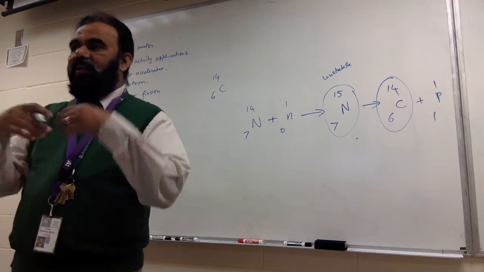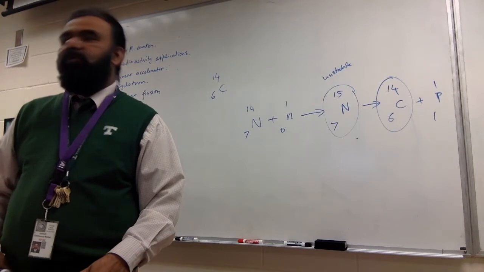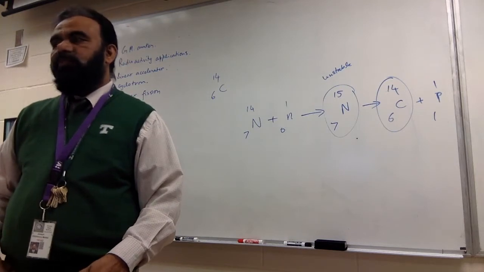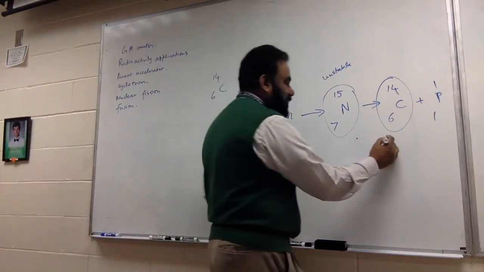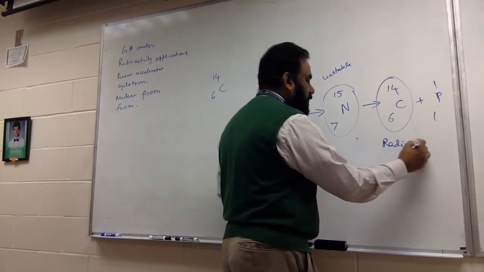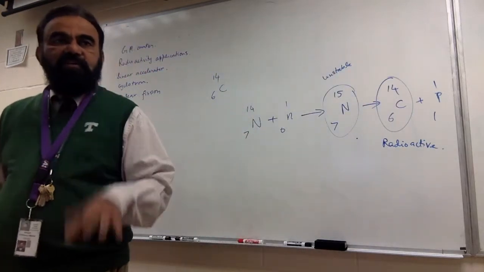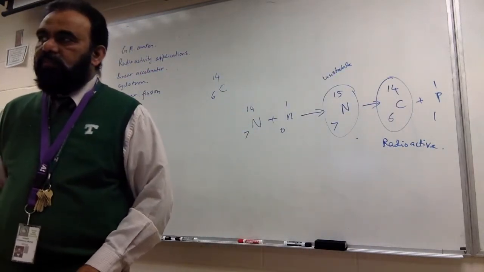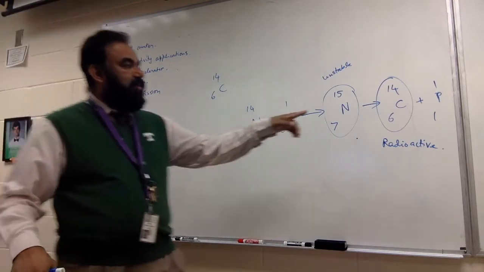So as soon as we inhale carbon-14, it gets into our bloodstream and it goes straight into our bones. So carbon-14 enters the bones, and carbon-14 is radioactive, with a half-life of something like 5,500 years, around, not sure.